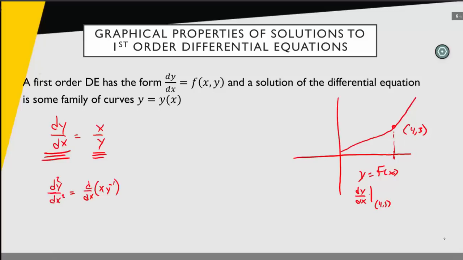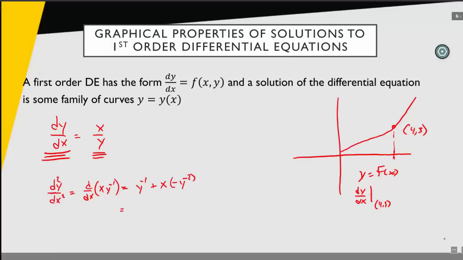I'm taking the derivative with respect to x here, and I have to do this implicitly because y is a function of x. So I would do that by using the product rule. The derivative of the first thing is 1 times the second thing, plus the first thing times the derivative of the second thing. And that's what I would get here.